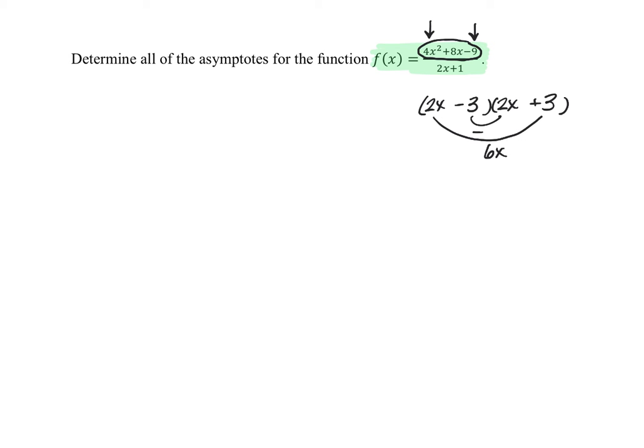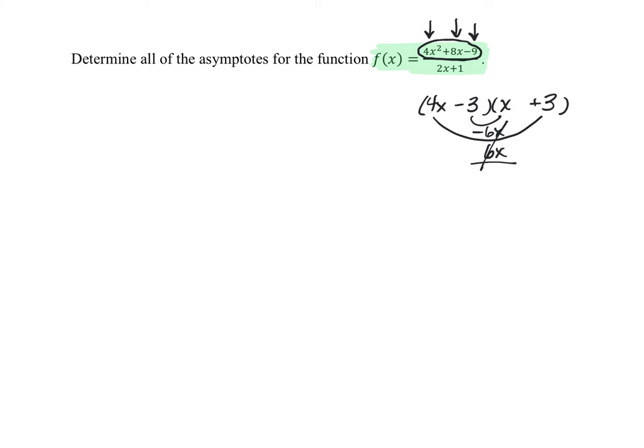The inside would be -6x, and these clearly do not add up to give us 8x. So that would be a trial and error example where then I would go back and change these values. Maybe I would try, for example, 4x times 1x and see if that would work.